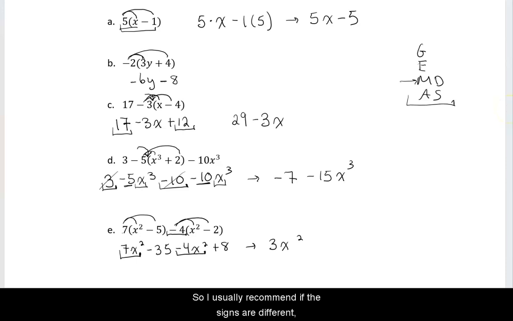So I usually recommend, if the signs are different, go ahead and just do the larger number minus the smaller, which in this case would give you 27. So 35 minus 8 gives you 27, but then you have more negatives, right? Negative 35, so your answer has to be negative. So in this case, it's negative 27.